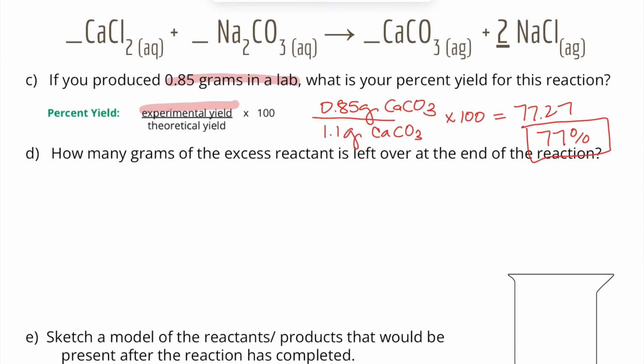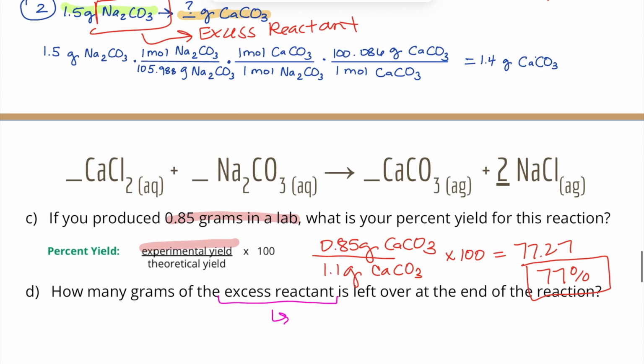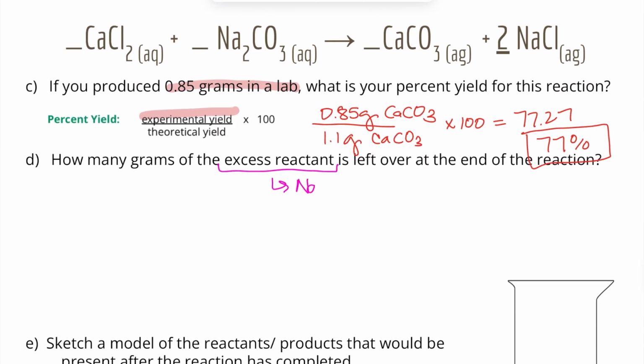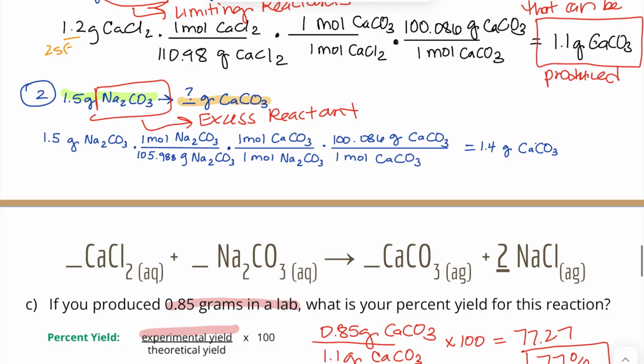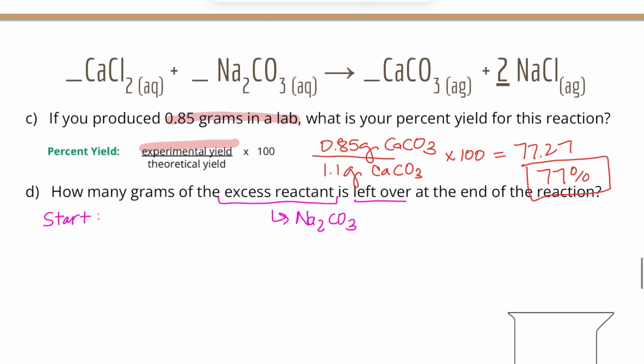All right, part D: how many grams of the excess reactant is left over? So remember, our excess reactant is that Na2CO3, and we have some of that left over. We are starting with, from our problem, 1.5 grams of Na2CO3, but we know that we have excess, so we don't know how many grams of Na2CO3 are going to be left at the end.